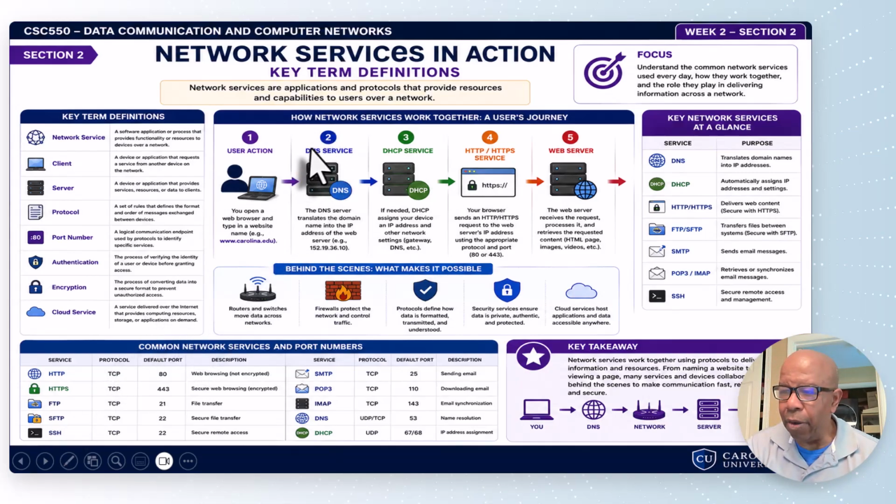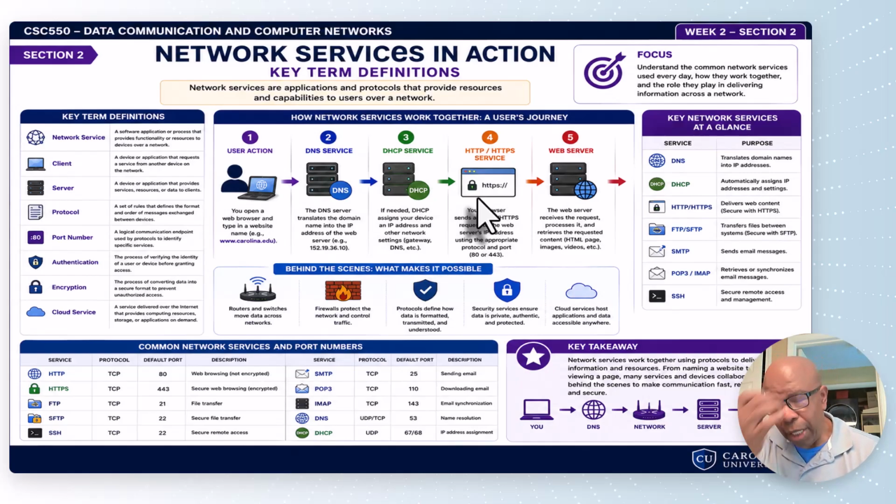Here we're talking about user action, DNS service, DHCP service, HTTP and HTTPS as far as the internet, and the web server. The various definitions of what each one does are developed here. Take a look at those and become familiar.